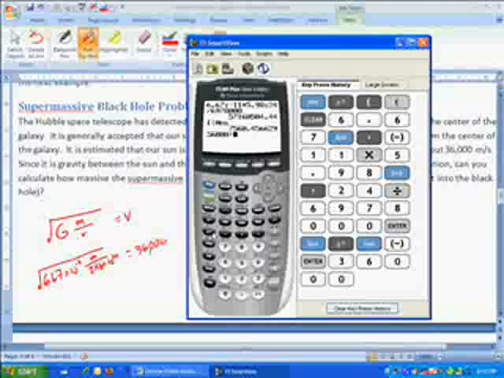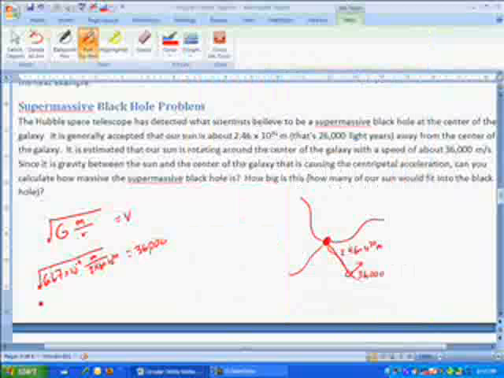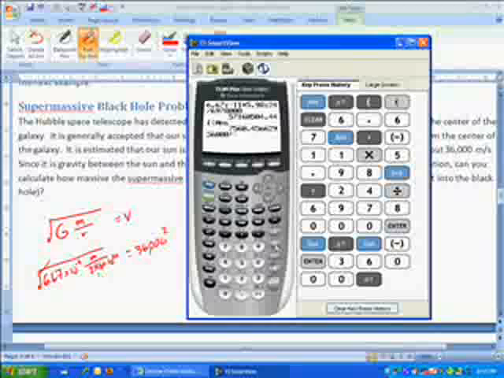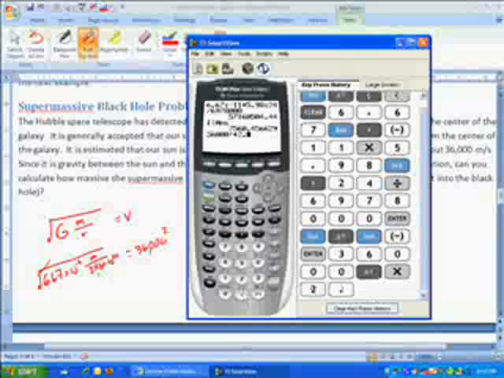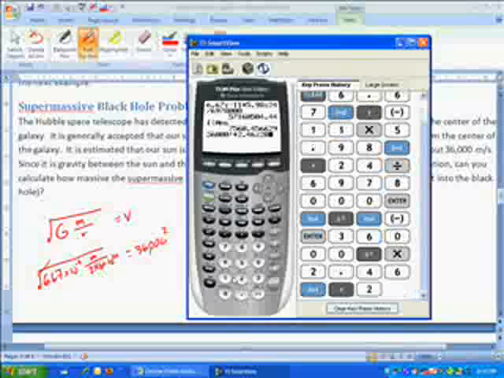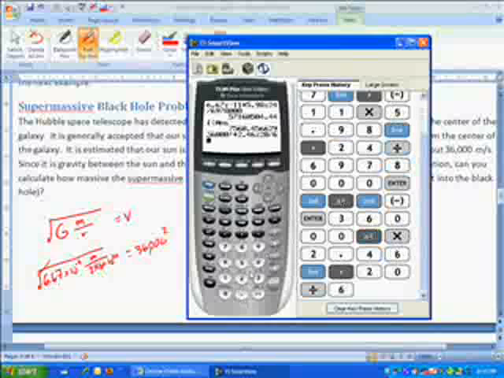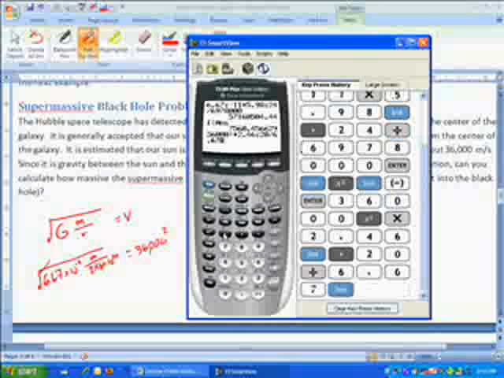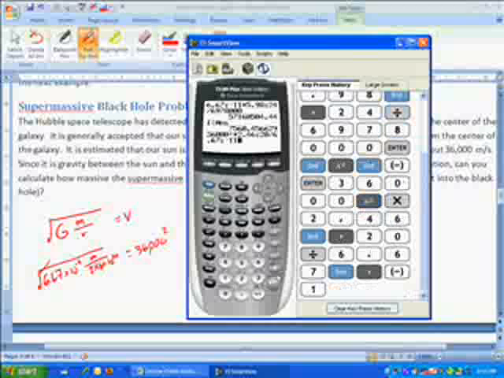That'll get rid of the square root. And then we'll multiply by the 2.46 times 10 to the 20th. Then we'll divide by the 6.67 times 10 to the negative 11. That should give us our answer, which is 4.78 times 10 to the 39th.